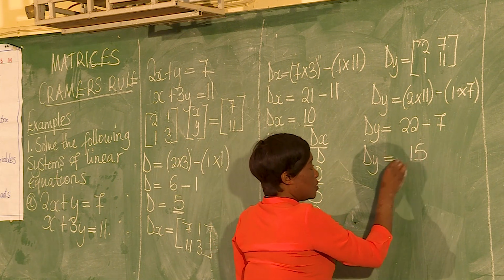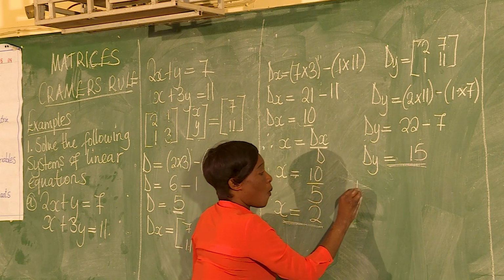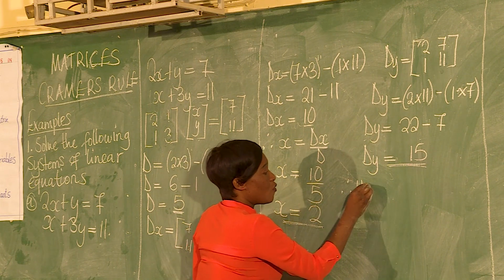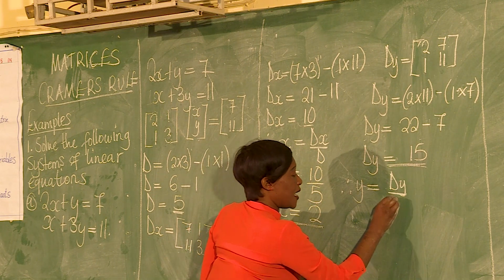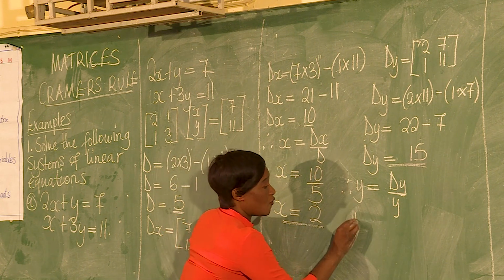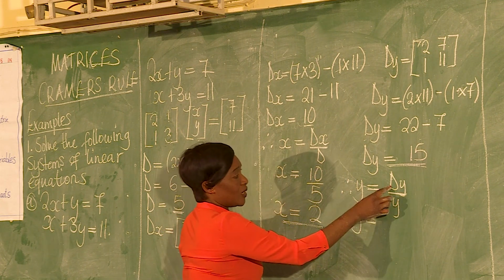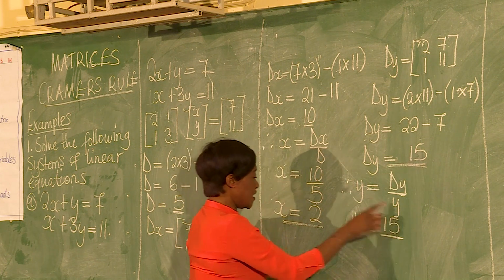15. Very good. So we go back, we are finding y. Our y, therefore, will be equal to dy divided by the main determinant. Y will be equal to, what is our dy? 15. So we have 15, divide.